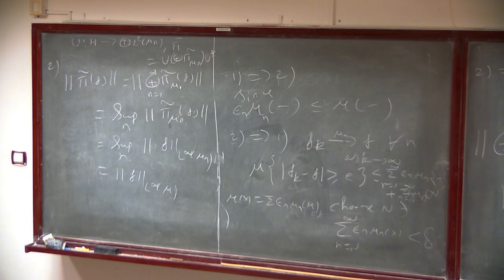This T n, for a fixed n, is the direct sum of pi of f mu n. T n k converges in L2 mu k mu n.